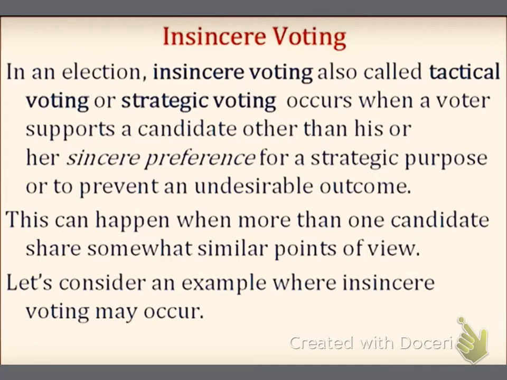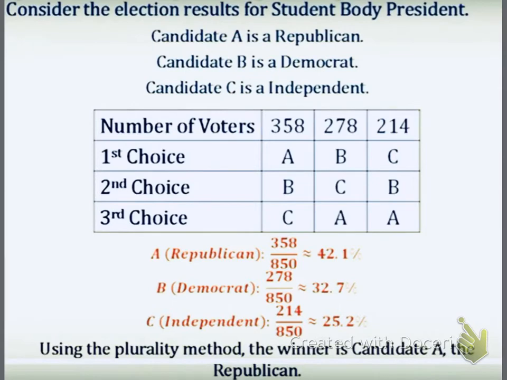Let's look at an example, a fictitious election for student body president. Candidate A is a Republican, candidate B is a Democrat, and candidate C is an independent. For this argument, we're going to assume that the Democrat and independent have common points of view, so the independent is leaning towards the Democrat type views.